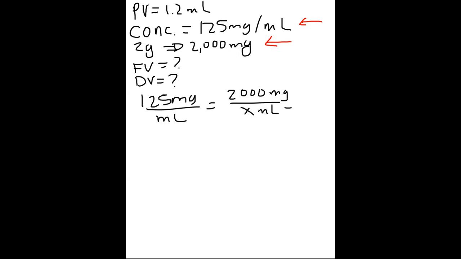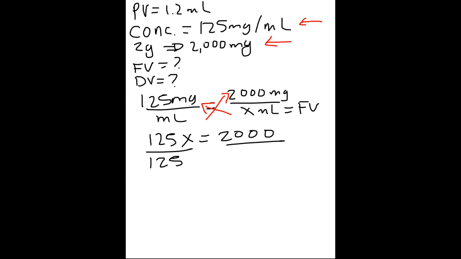And again, this is actually our final volume, correct? So we're going to cross multiply. So x times 125 is equal to 1 times 2,000, divided by 125. X is equal to 16 mLs, which is our final volume.